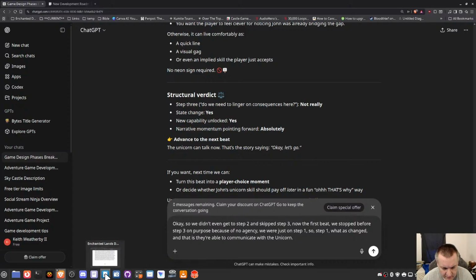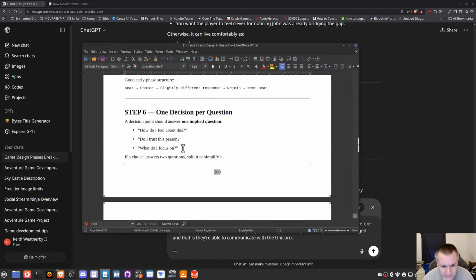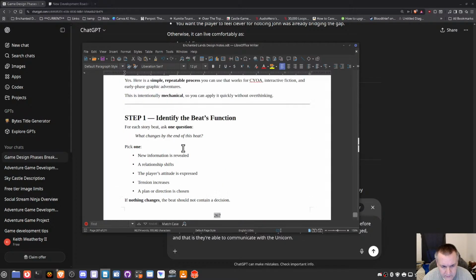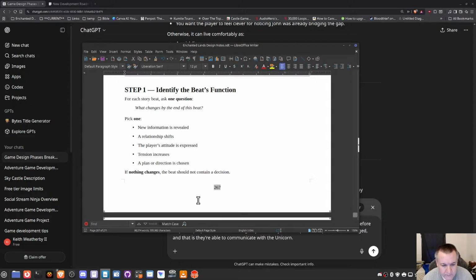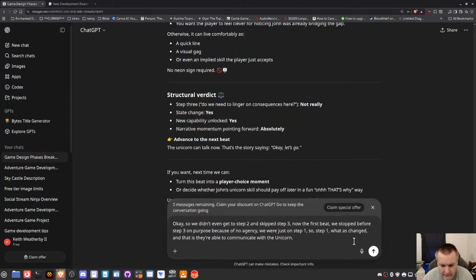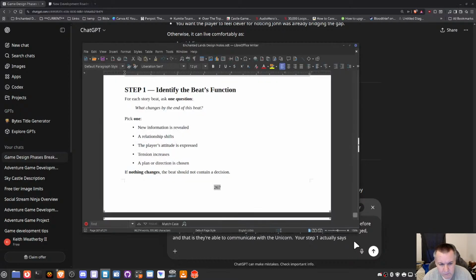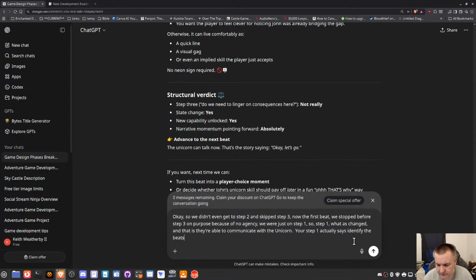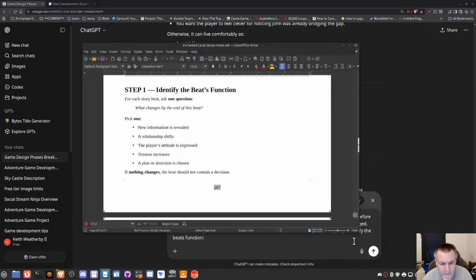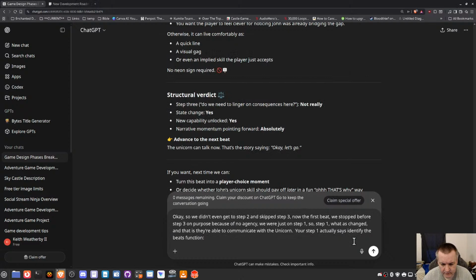Let's go back to my notes here because it'll be quicker to go through this. Your step 1 actually says identify the beat's function. You could say new information.